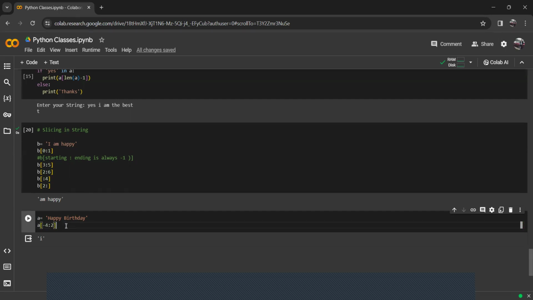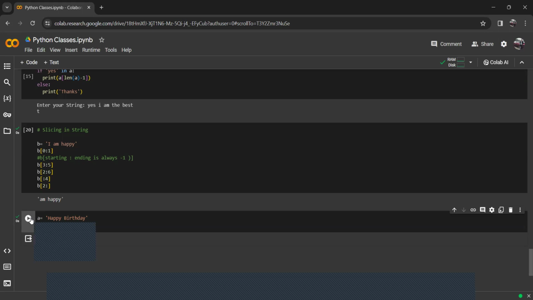This is my last question for the two-value slicing. So tell me, if I'm taking -4 here and 2 here, what will be the output? Again, the same thing.